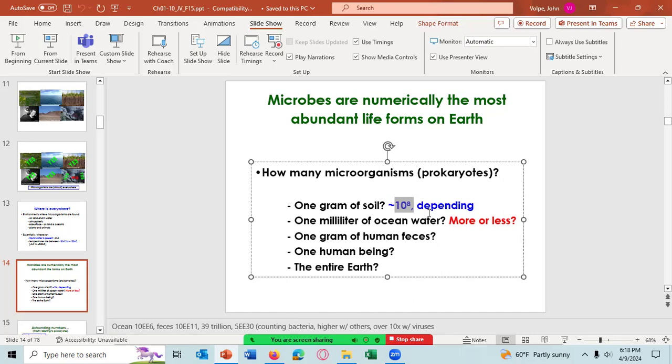Anyone have a guess? More. Obviously, this will depend on how fresh the feces is, but generally, we have more if the feces is fresh. One human being, we have much more than 1 times 10 to the 8th. And the entire planet Earth, we have much more also.